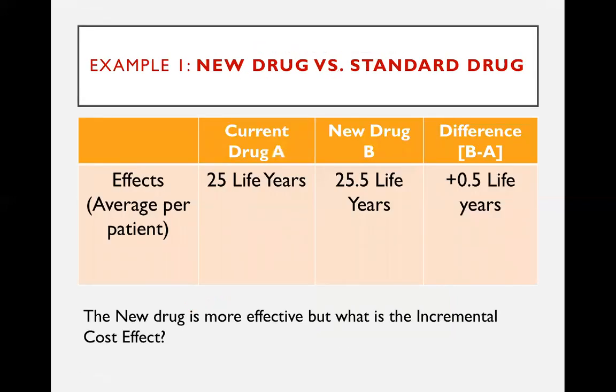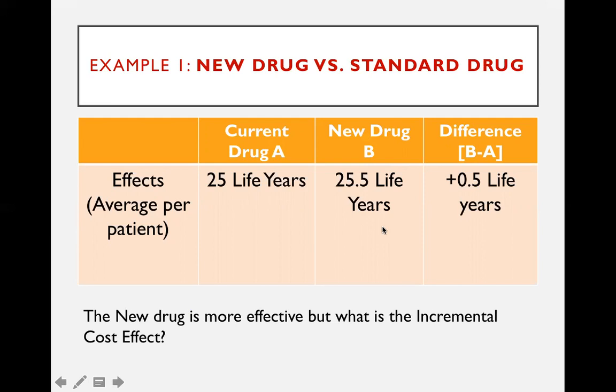Now, to concretize those concepts, here we present some examples. The first example is comparing a new drug versus the standard drug. The standard drug, let's label that as drug A, and the new drug is drug B. In terms of effects, drug A will provide you with 25 life years, so you would probably live 25 more years if you use drug A. In comparison, drug B yields 25.5 life years.